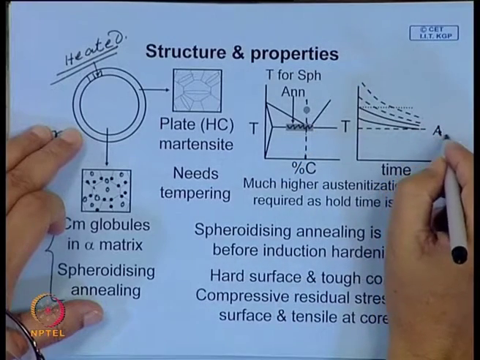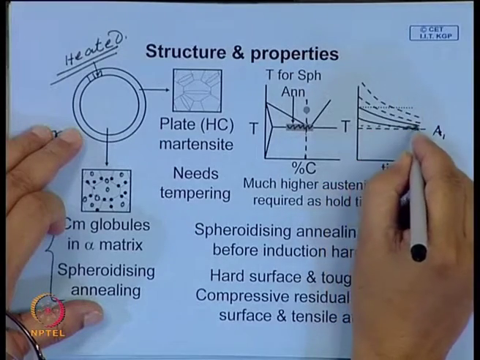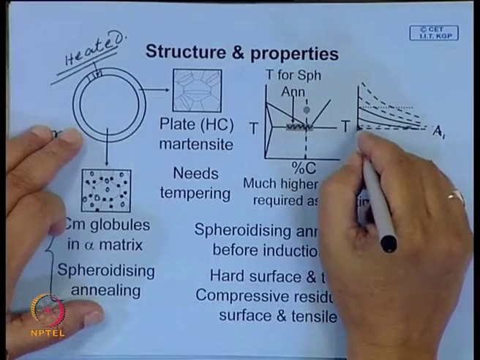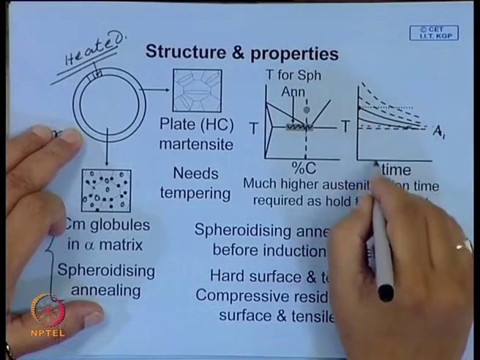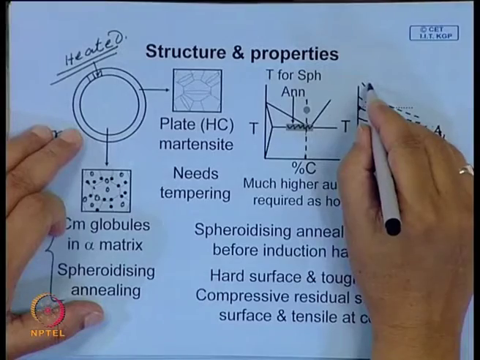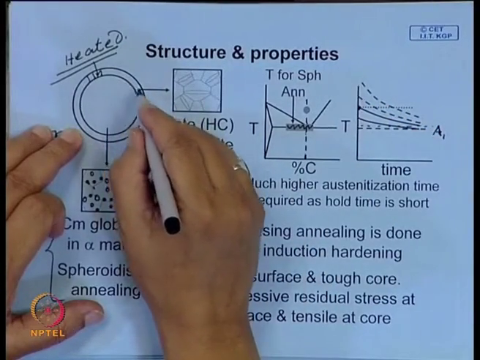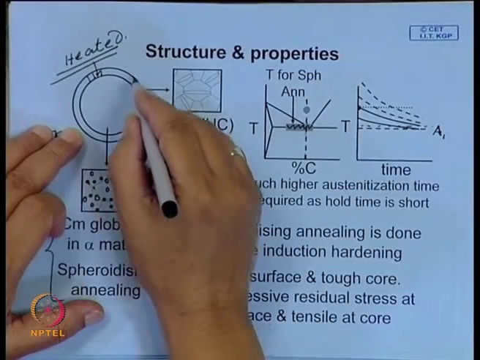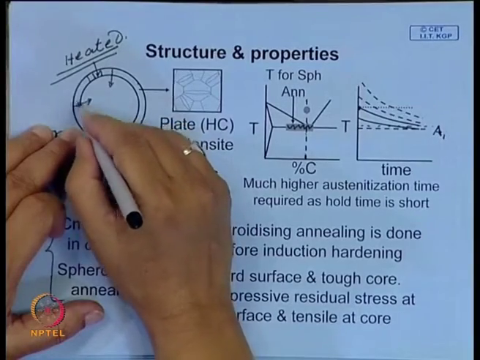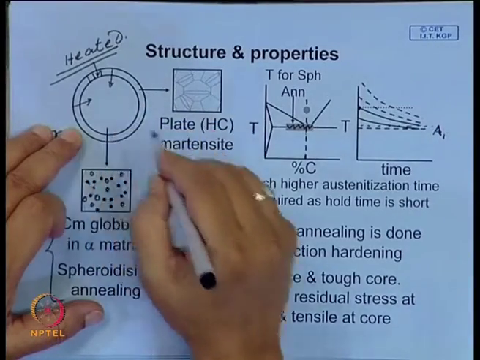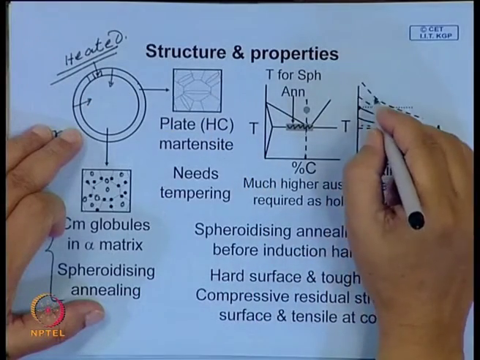This is A1, and A3 will be a little over this, but you will try to heat it at a sufficiently high temperature, because your hold time will be very short. Because with a long hold time, your purpose of surface hardening will be lost, because heat will flow inwards and make the heated section much thicker, and then you may land up in problems.